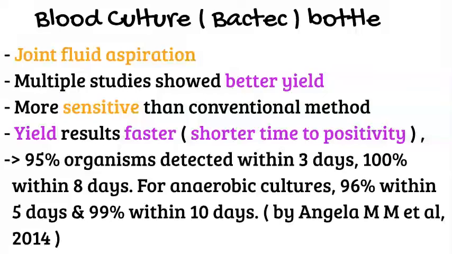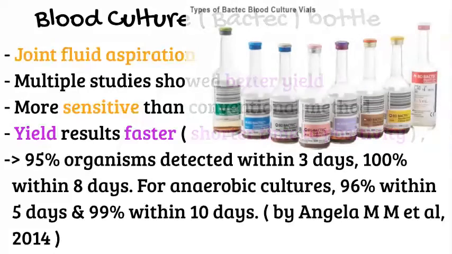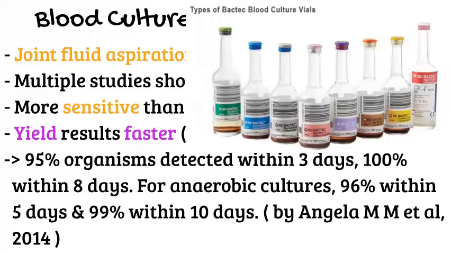For anaerobic cultures, 96% within 5 days and 99% within 10 days. This is quoted from the study done by Angela M.M. et al. 2014. This picture shows types of bacterial bottle culture vials.